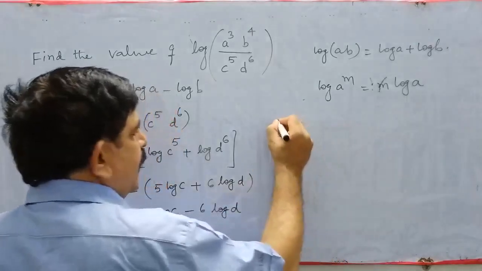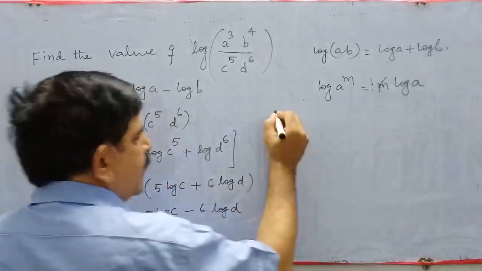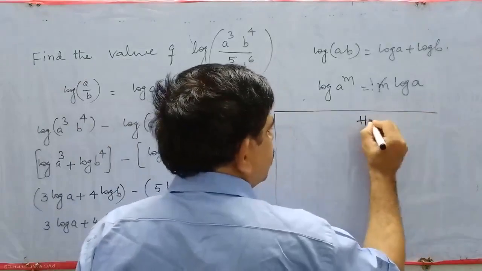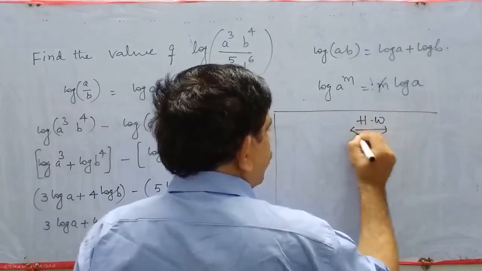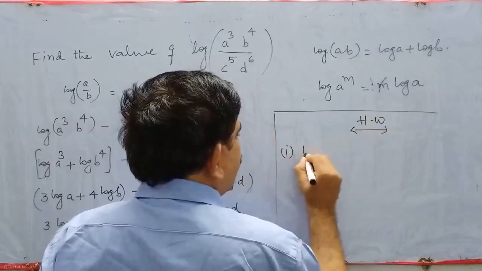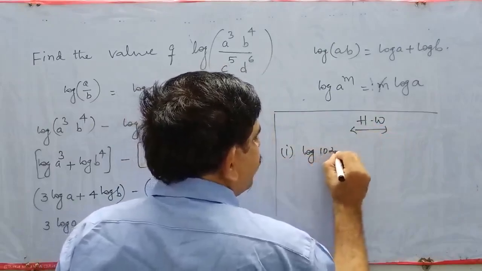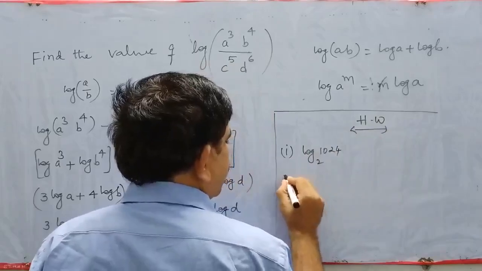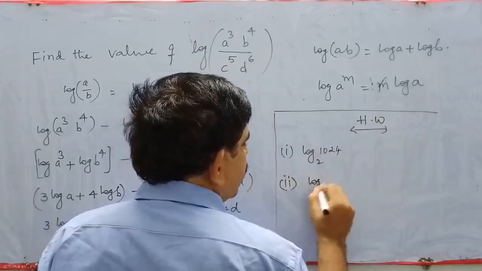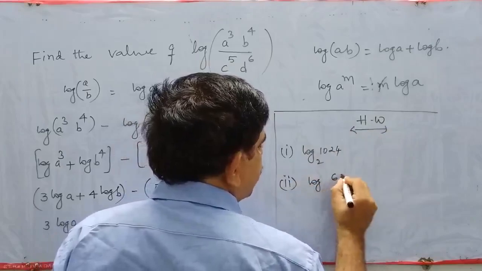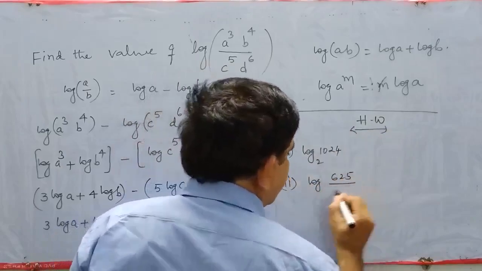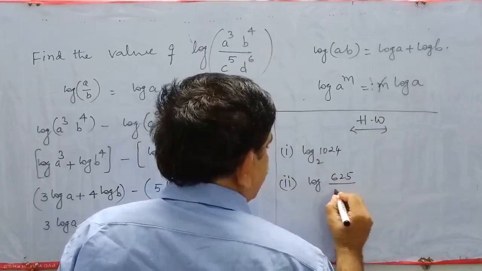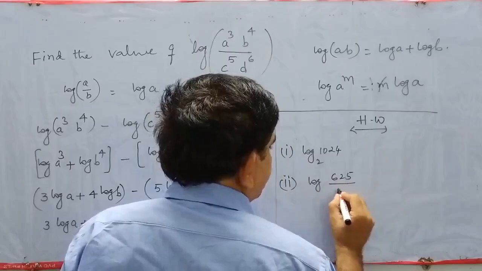Next, I'll give some problems as homework. Try to do those problems. First one, log 1024 base 2. Second one, log 625 by 32.